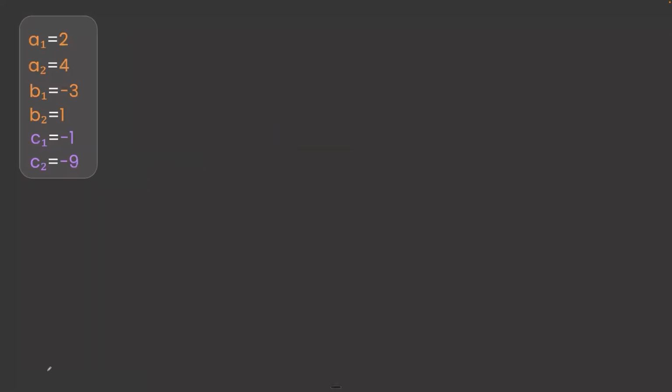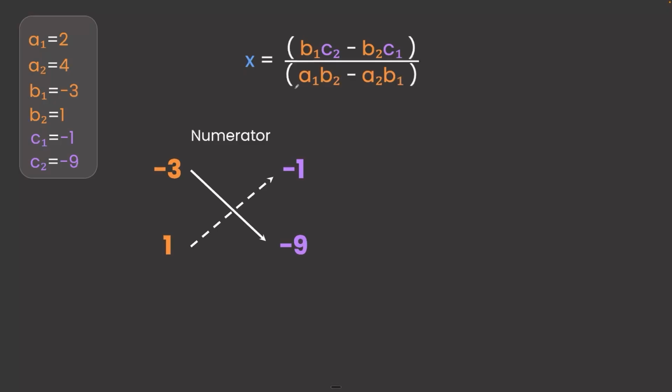So now that we have the terms, we need to start with the formula. The formula for x is b1c2 minus b2c1 by a1b2 minus a2b1. So now we have the numerator in this term. What we are basically doing is writing these terms as such. So we first just need to write b1 and b2.